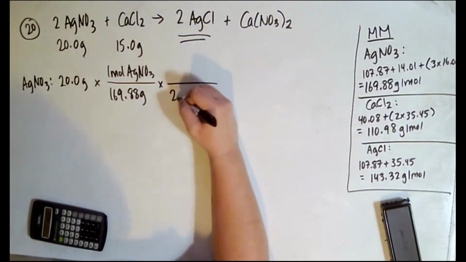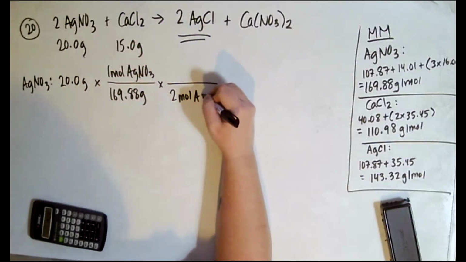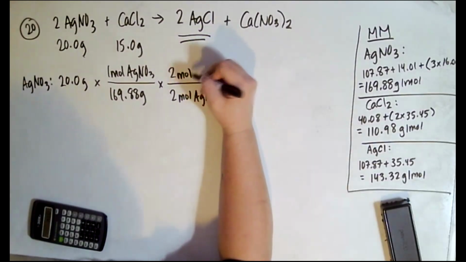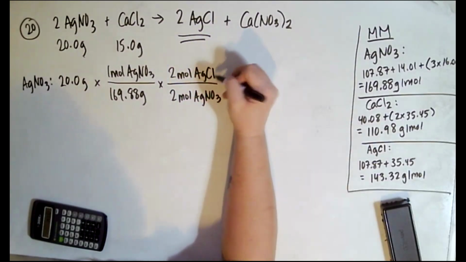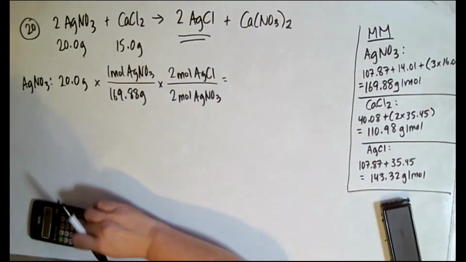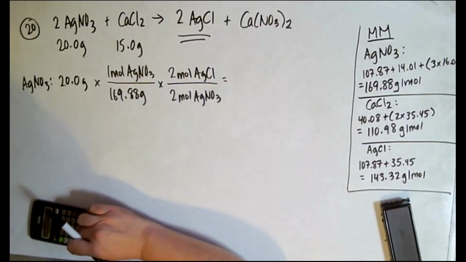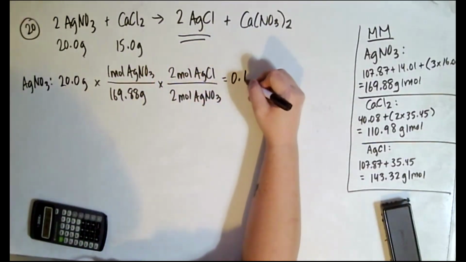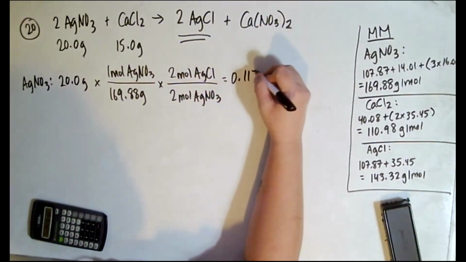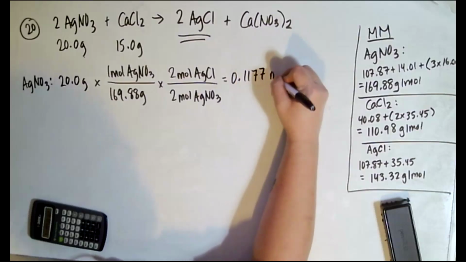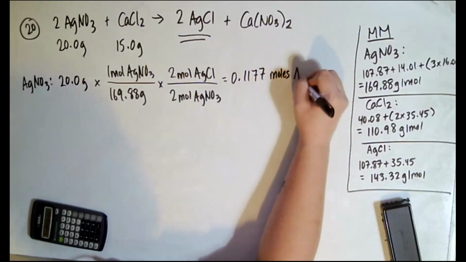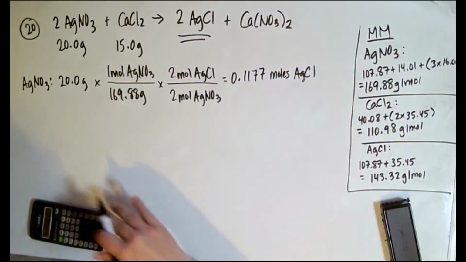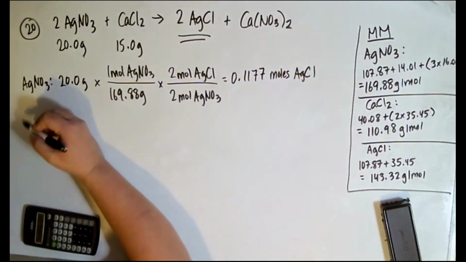There's 2 moles of AgNO3 in every 2 moles of AgCl. Okay, so that's how much AgCl we can form if we use up all of our silver nitrate.